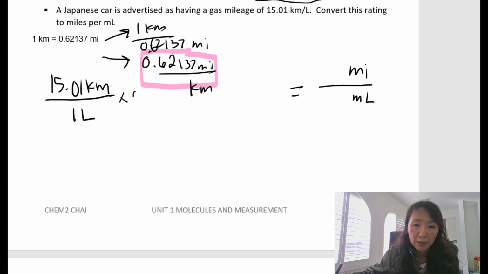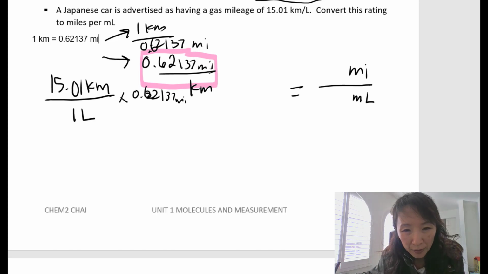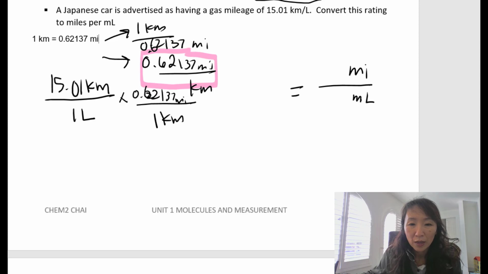So multiply by 0.62137 miles. So we have miles per kilometer. We know that kilometers cancel out and we have miles.